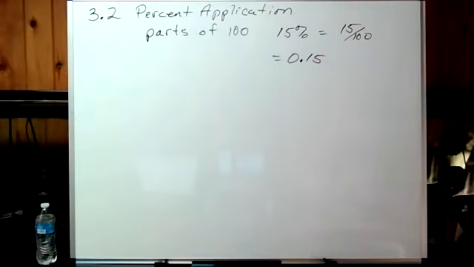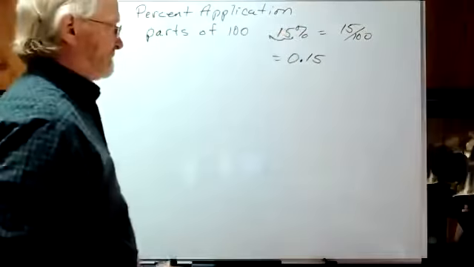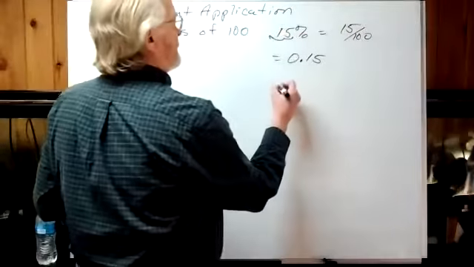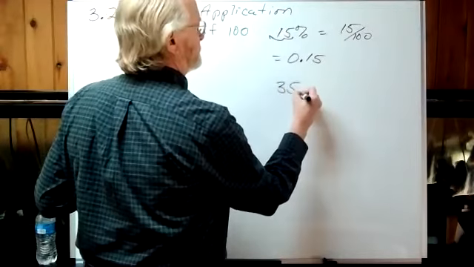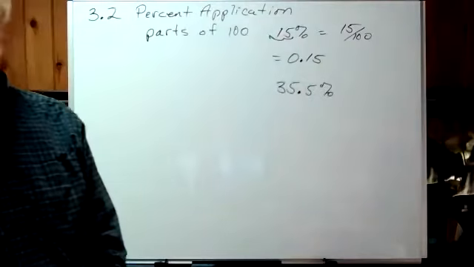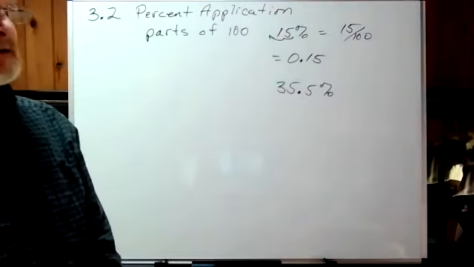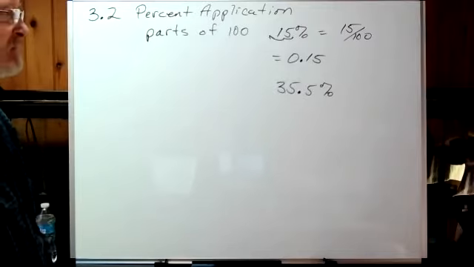From the percent, you're moving the decimal over 2 places. Or how about something like 35.5%. We are still just moving the decimal 2 places left to convert it.